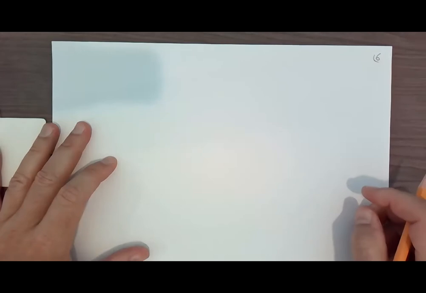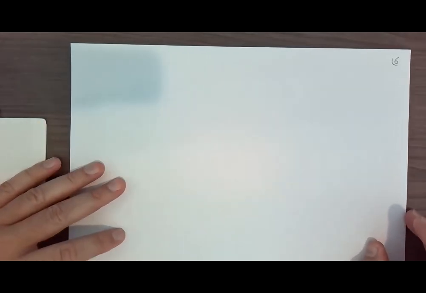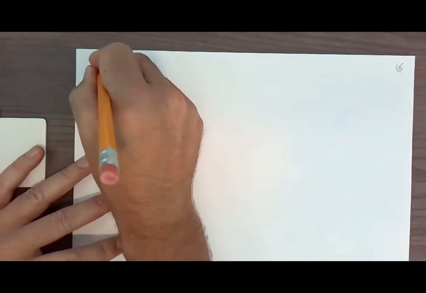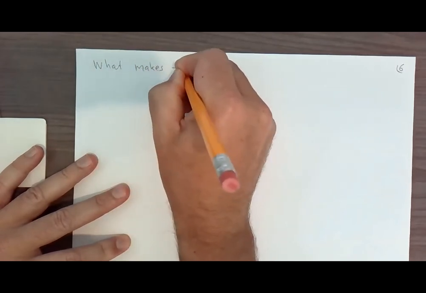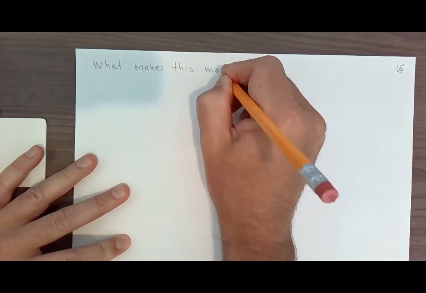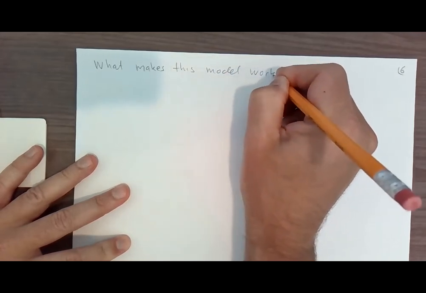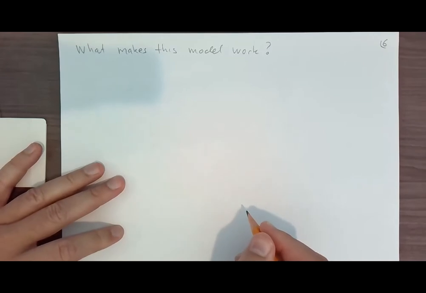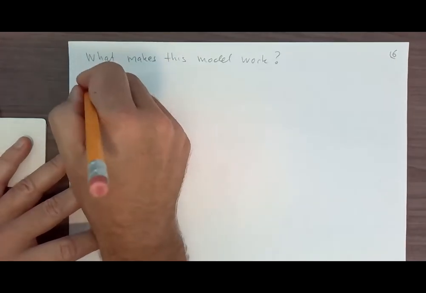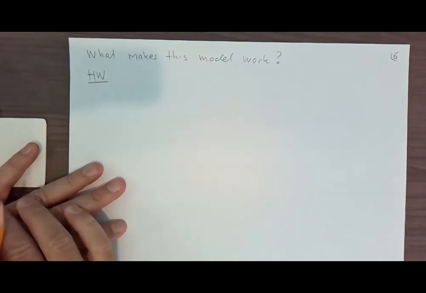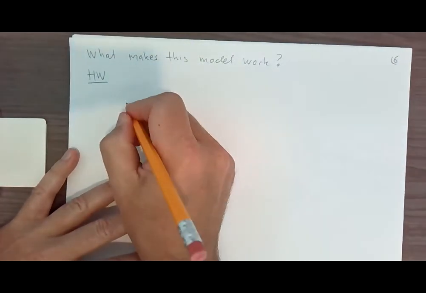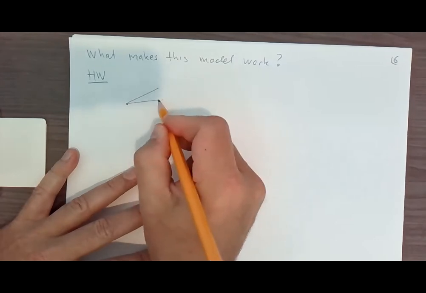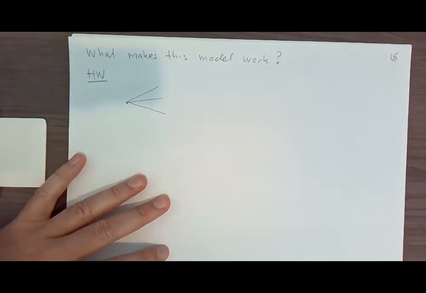So let me talk a little bit about what makes this model work. Well, you could turn your attention to a question in the homework, and we could start having stuff like three possibilities.